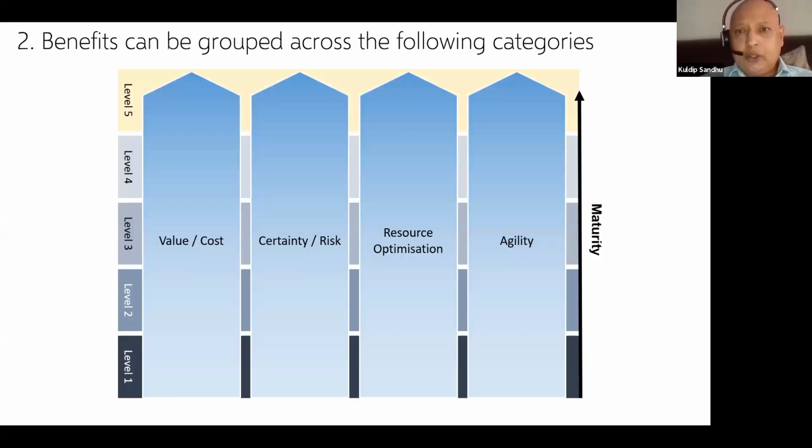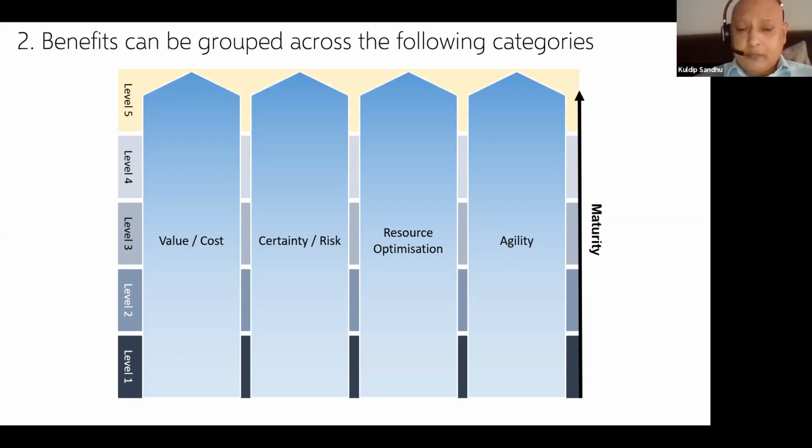Some of the benefits that you can get as you go on that maturity journey is you can understand your total cost of ownership, and you can then think about a value-based discussion with the business, reducing risk, being more compliant with audit and any other compliance initiatives in the business, and also optimizing resources to give you value for money and bringing in that IT agility, which therefore embraces business agility as you go up that maturity curve.